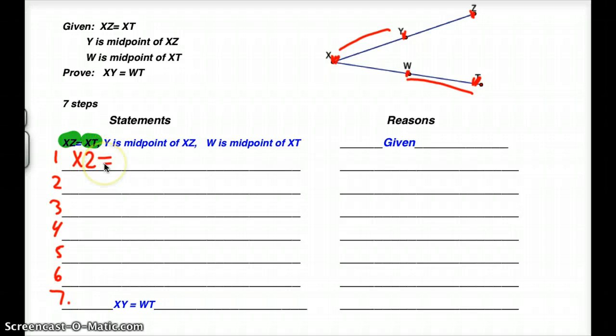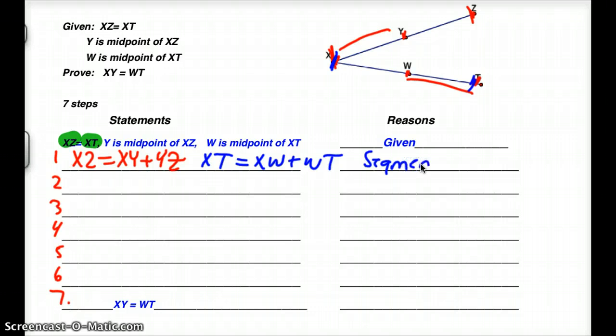XZ equals XY plus YZ. I'm going to go over and use my XT, which I was also given: XT equals XW plus WT, and that is going to be my segment addition postulate.